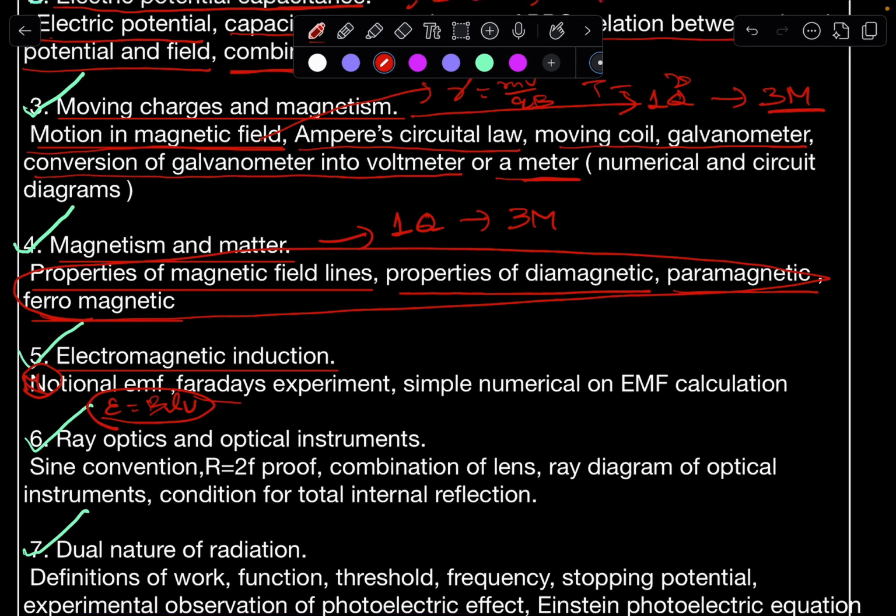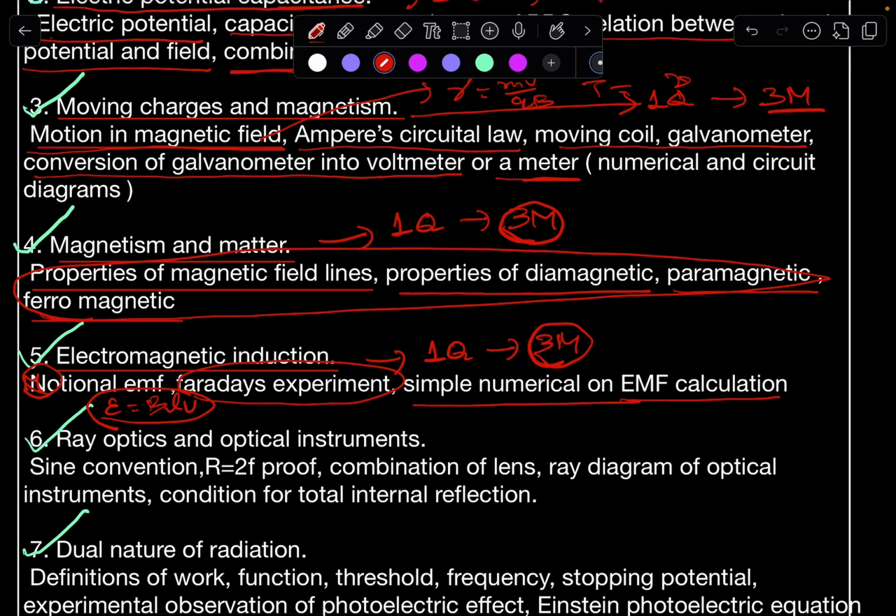And Faraday's experiment, which means coil and bar magnet movement. Next one is simple numericals on electromotive force calculations. These are the topics. If you practice these theoretical topics or derivations, here also they will ask one question, and you will get 3 marks. So totally 5 questions are completed in these 5 chapters.